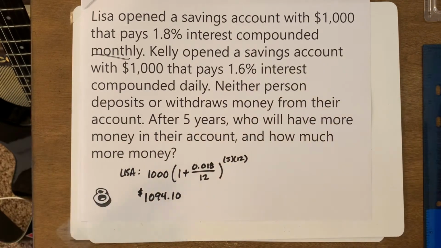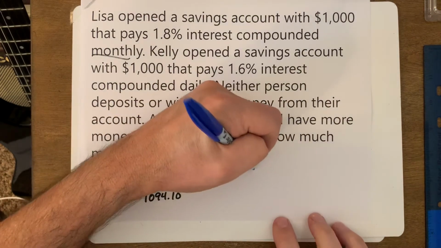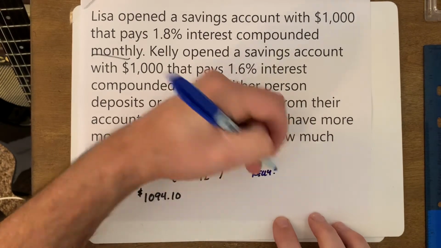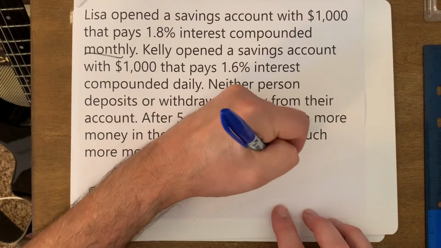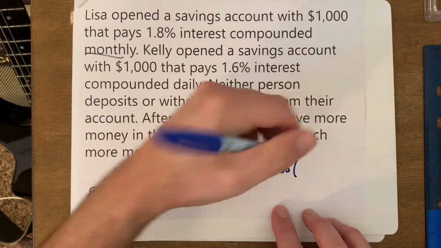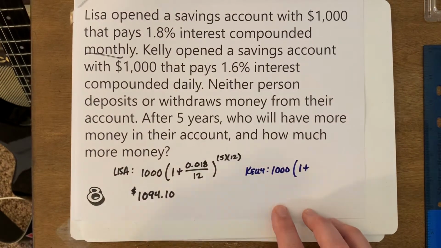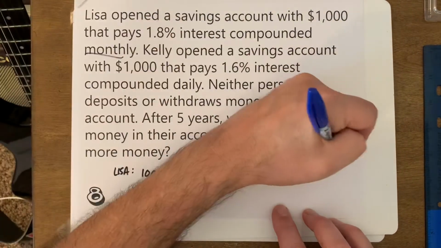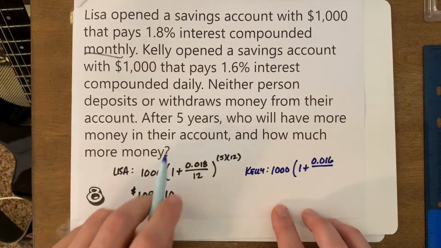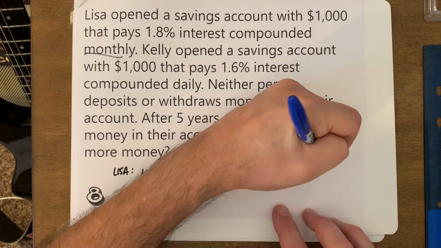Now let's talk about the other person. Kelly has $1,000. 1 plus, her rate is 1.6, so 0.016, and she's going to do daily, so that's 365.